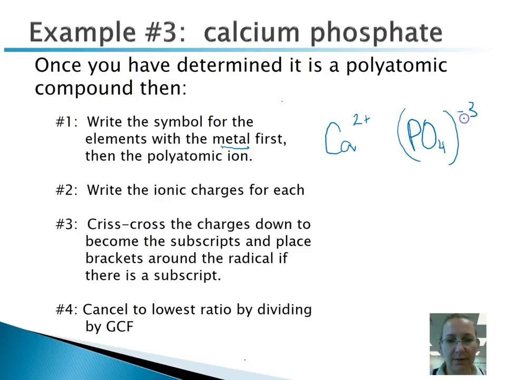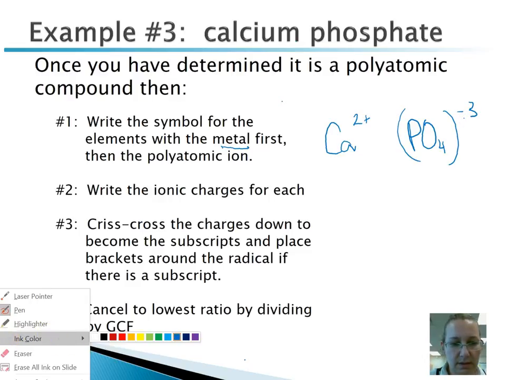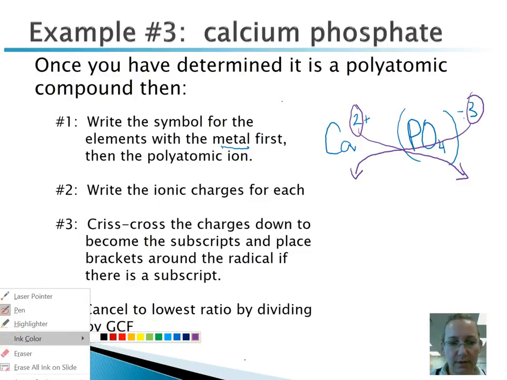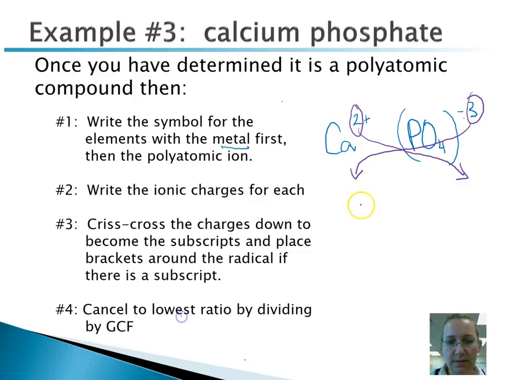All right, now if we're going to use the cross and drop method, you're going to take that charge and drop it down and cross it over. You're going to take that charge, cross it, and drop it over. So this becomes Ca3.